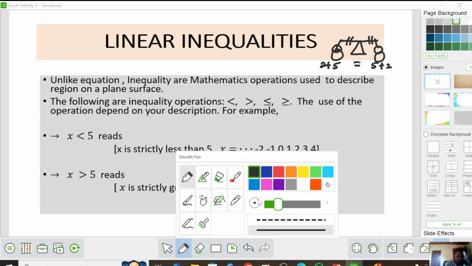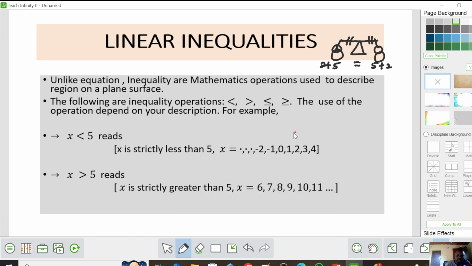the concept of inequality is about these 4 operations: less than or equal to, greater than or equal to, strictly greater than, and strictly less than.